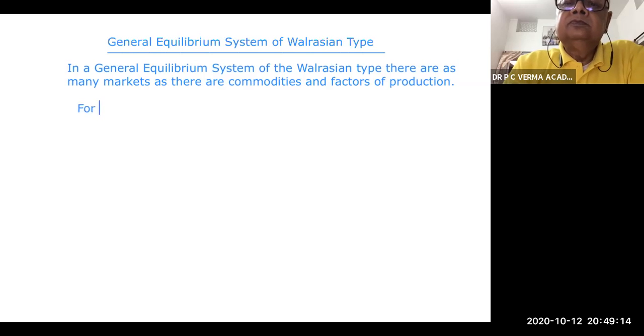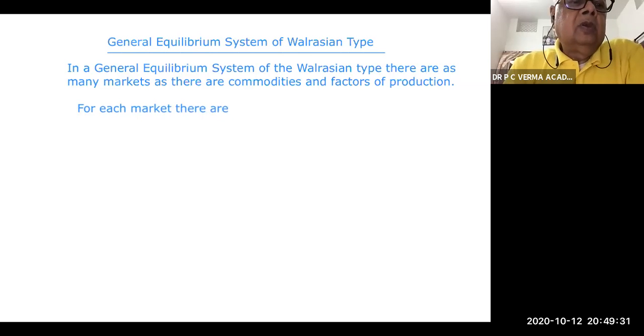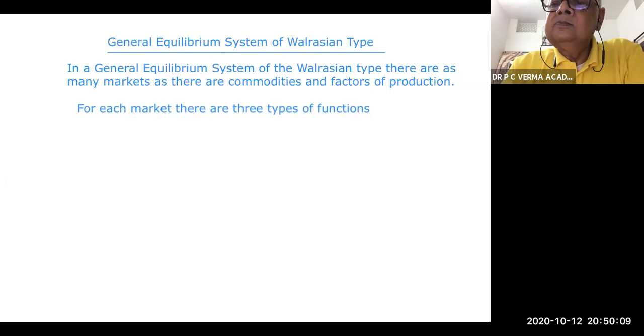For each market, there are three types of functions.